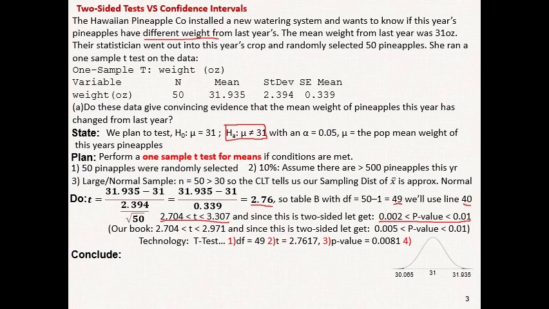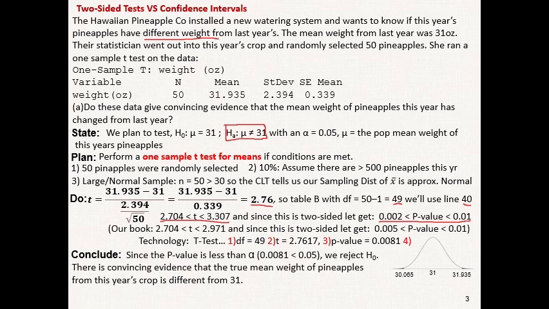And now your conclusion. Remember to have 3 components in your conclusion. Pause the video and write that out. All right, so 3 components here. The p-value is less than alpha. So the p-value of 0.0081 is less than alpha of 0.05.